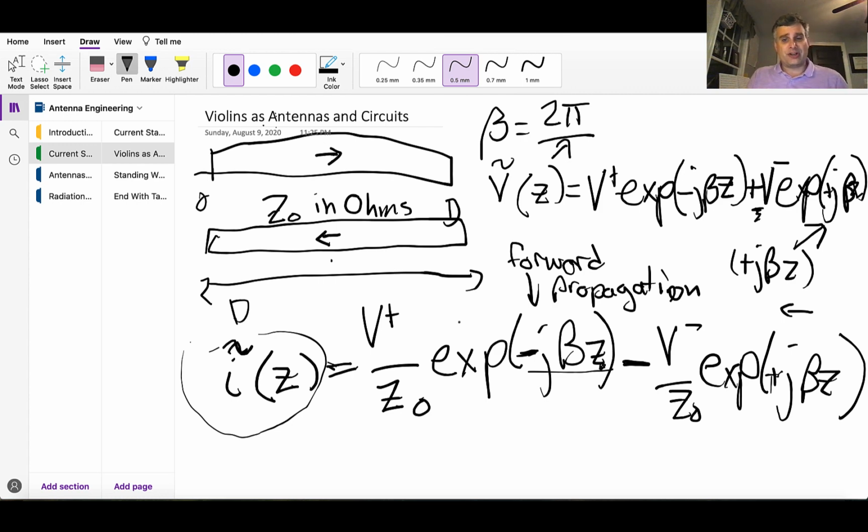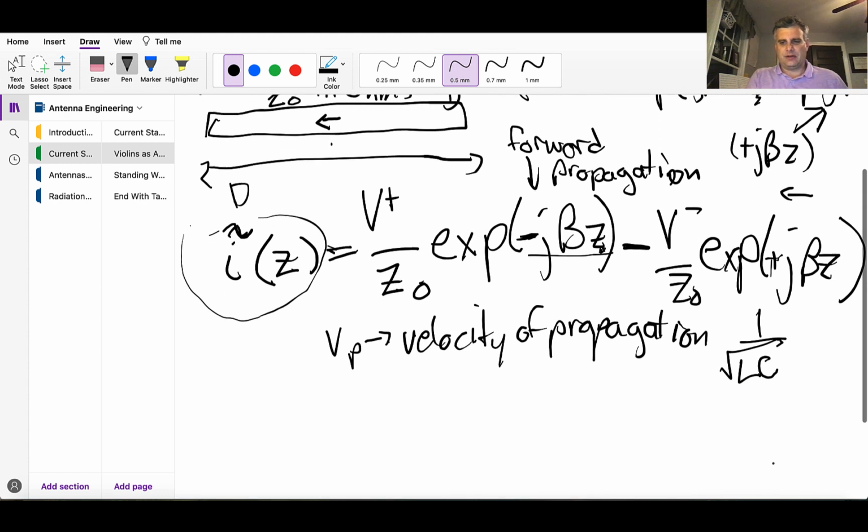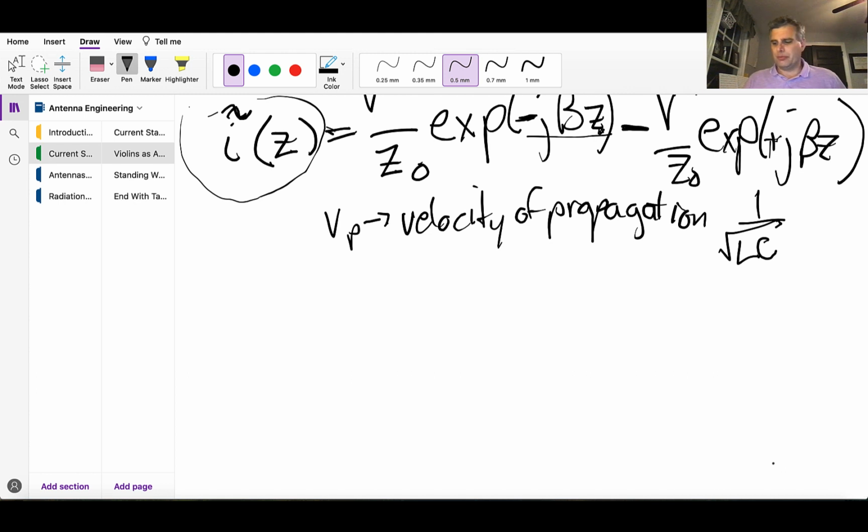And there are some other constitutive relationships that you have to follow here too. There is a velocity of propagation on the transmission line. If you remember your formula from undergraduate EMAG, it's always 1 over the square root of the per unit length inductance and the per unit length capacitance of the line. And Vp should always be equal to the wavelength times the frequency.